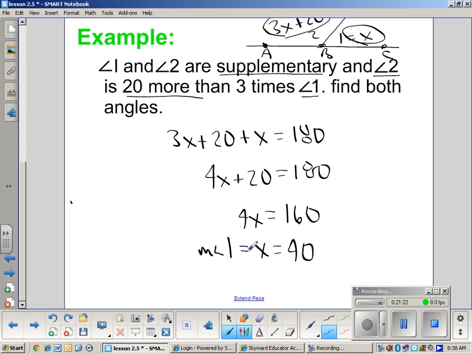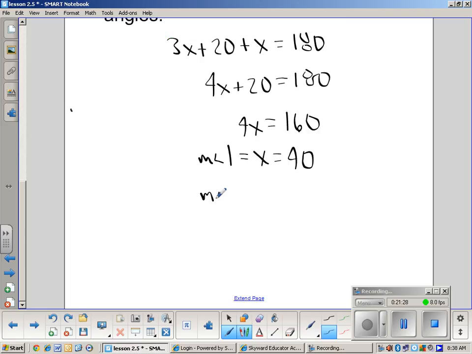Find both angles. Have I done that yet? So how do I find angle 2? Multiply 40 by 3. Measure of angle 2 is equal to 3x plus 20, right? So what's 3 times 40? 120. And if I add 20 to it, I get 140.